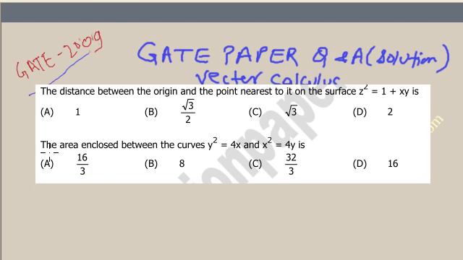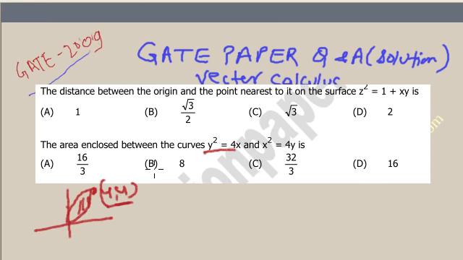This is another question. The area enclosed between the curves y square equals 4x and this other curve. This is basically a graph. If you plot this and this, this is the area, and if you find the point here, you will see that (4, 4) is the point.